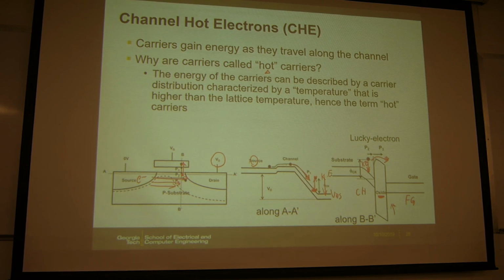This one may happen even when the gate voltage is small, because most of the electrons travel horizontally, and when they get enough energy, sometimes they can jump over the barrier without going through tunneling. It's just because they are so hot that they jump over. Thermionic emission? Yeah, this is thermal activation.